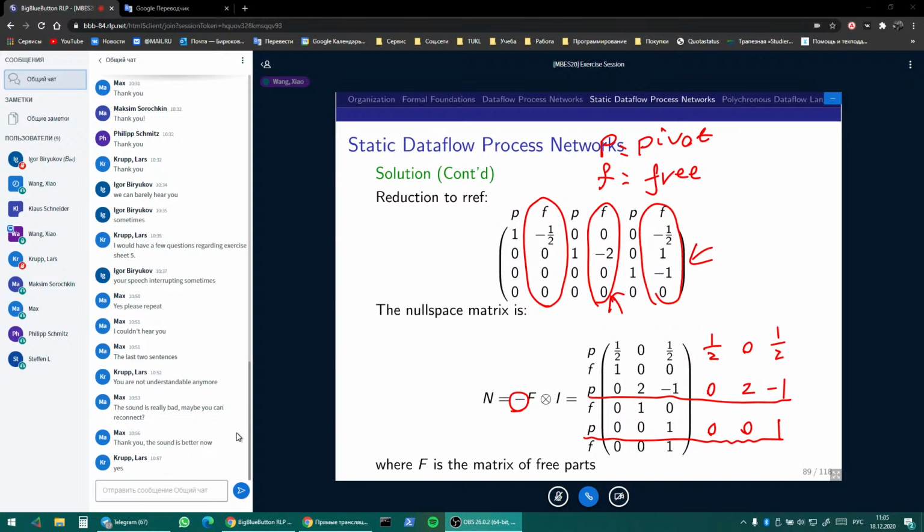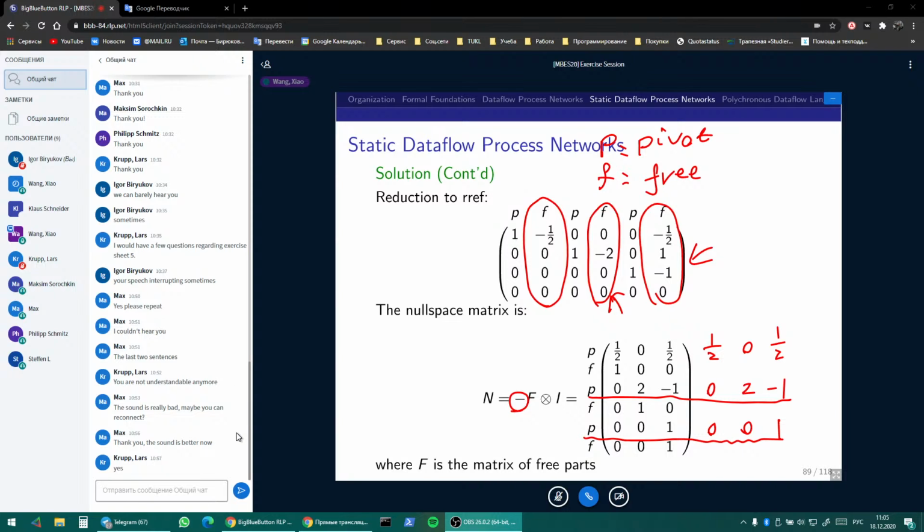I assume you know what identity matrix is. It's basically 1, 1, 1, and all zeros. Now you can see I get the null space vectors. The final solution is the linear combination of these three vectors.